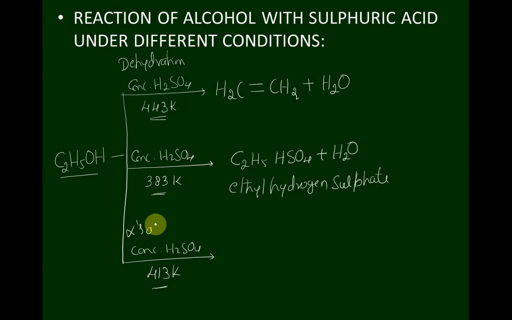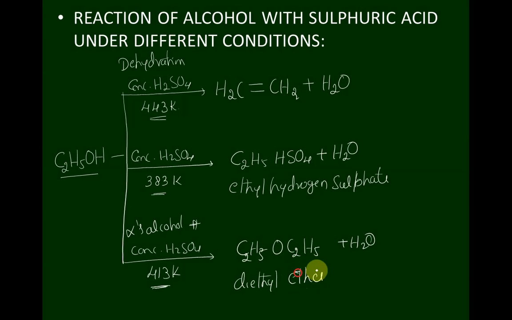When excess of alcohol is heated with concentrated sulfuric acid up to 413 Kelvin, we get C2H5OC2H5 plus H2O; diethyl ether is obtained. Means alcohols on heating with concentrated sulfuric acid under different conditions, different products are obtained.